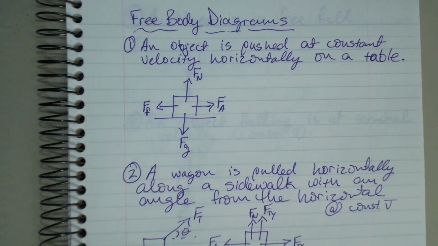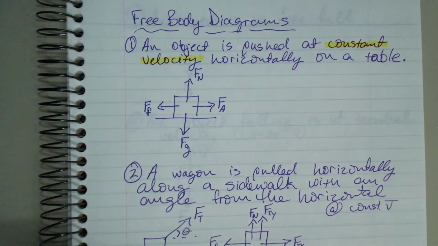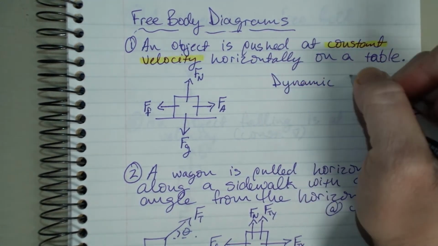So this first one, you have an object that is pushed at a constant velocity. What does that mean? If you see the words constant velocity, then that is in dynamic equilibrium.